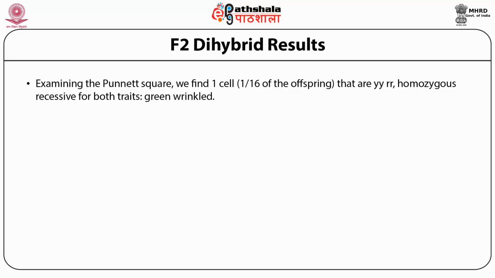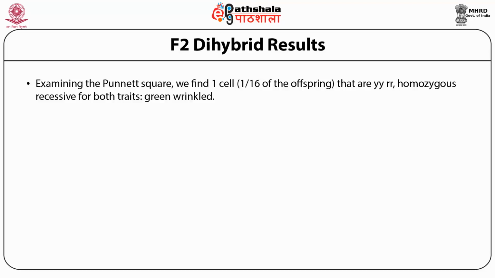Examining the Punnett square, we find one cell, that is 1 out of 16 of the offspring, that are small yy, small rr, homozygous recessive for both traits.